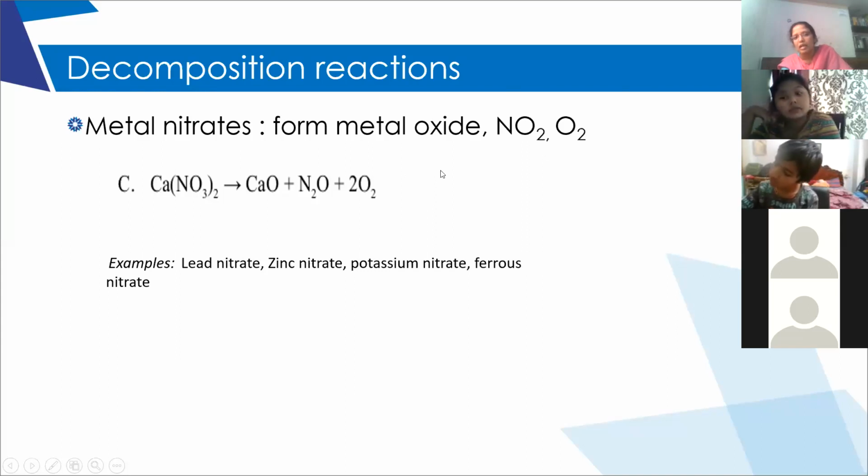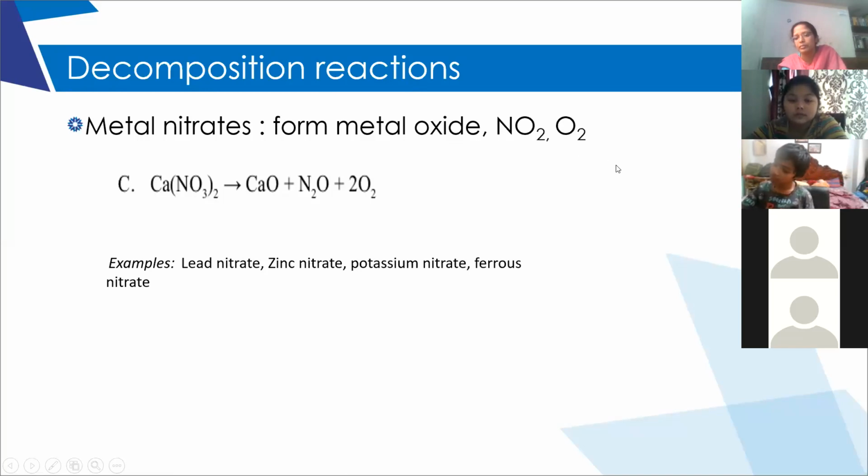I repeat, metal nitrates upon decomposition form metallic oxides, nitrogen dioxide and oxygen. These byproducts will not change. We will get these specific byproducts only when we decompose metal nitrates. Always along with the metal oxide, nitrogen dioxide and oxygen will be liberated.